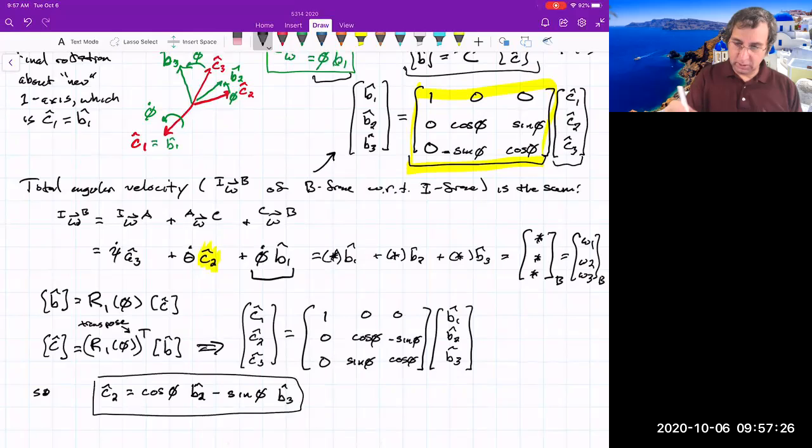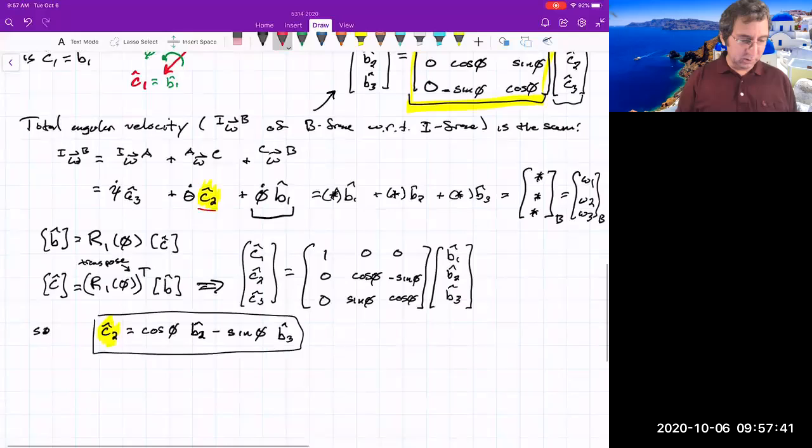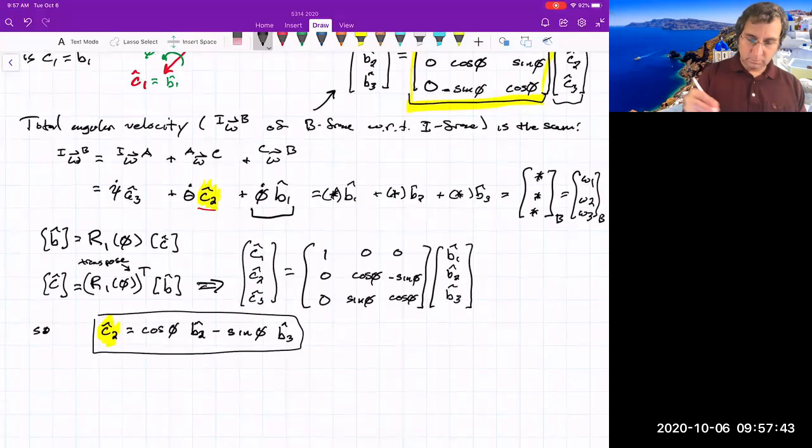Okay, so I would just plug this expression up here. And then I've got C2 written in terms of the B basis vectors. I could do the same thing to solve for A3, right?